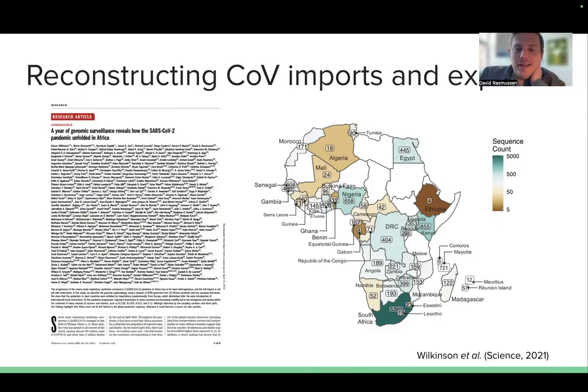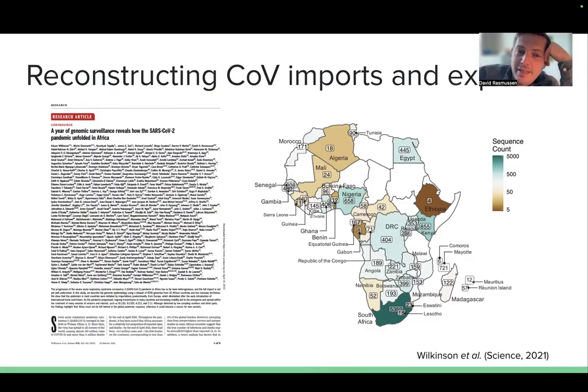But this created an interesting political conflict between what we can think of as the global north versus the global south. Obviously the global north has much more resources to do this sort of pathogen surveillance. Meanwhile, the global south, including countries like South Africa, were doing the best they could to sample a representative number of SARS-CoV-2 genomes and doing really important things like discovering these new variants.